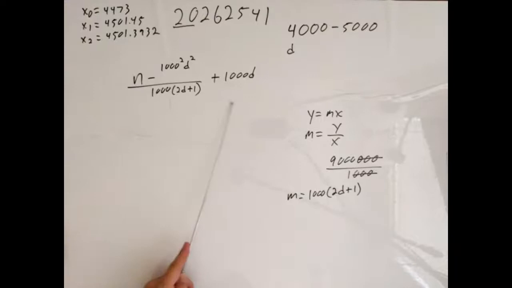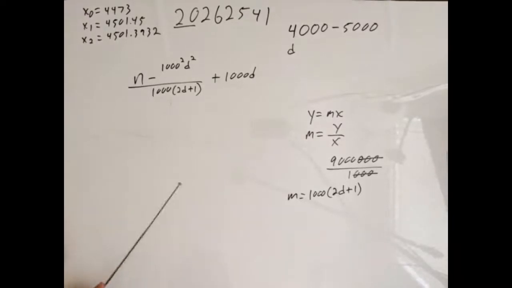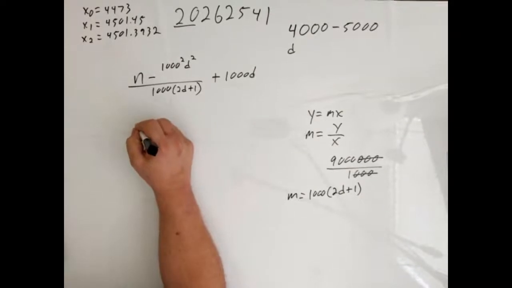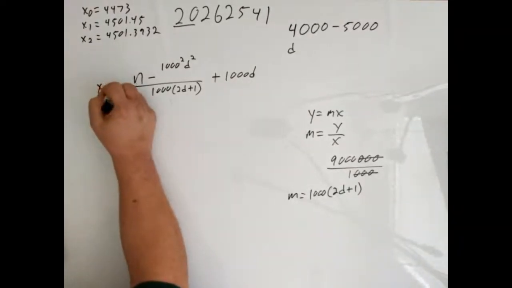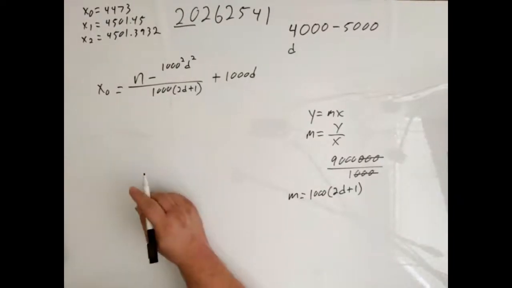That is how we're going to figure out what to divide the 9 into to get our first guess. So the first thing that I want to do is divide out this 1,000. We're going to end up with, no, actually this is going to be x0. And I'll explain why we call it x0 in a minute.